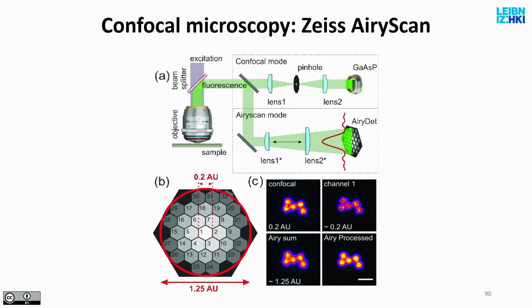Can I measure 0 pinhole size? Of course not, because then there's no photons, and you remember we need at least 500 to 1,000 photons to see the resolution. So what do I do? I put in an array of detectors, and then depending on how many of these integrate, I can get a signal from 0.2 all the way to 1.25 Airy.